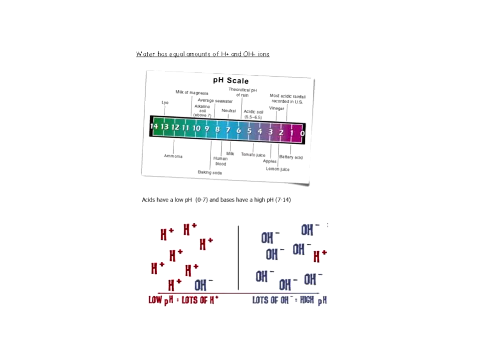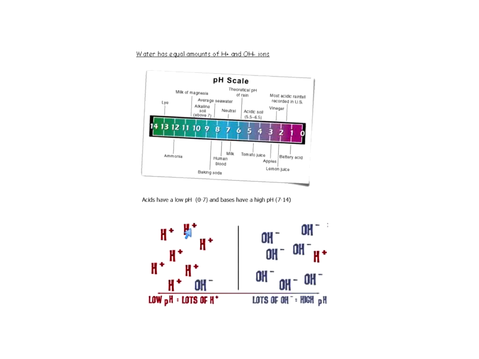Anyways, of course we know that acids are low pH and bases are high pH, but we're also going to talk about how water has both H+ and OH- ions. So what's this business about H+ and OH- ions? Well, H+ ions are found in acids.